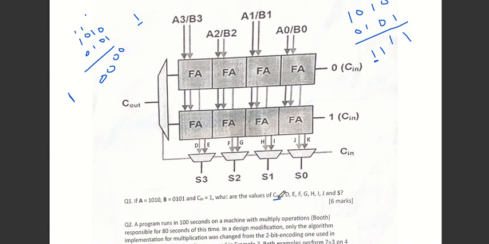They are asking you what are the values of C out. We've already seen that C out will be 1, right? But it says what are the values of C out and D, E, F, G. So D is for the top, like see this line. You see that it's aligned with this line. So this is the last part from the top.